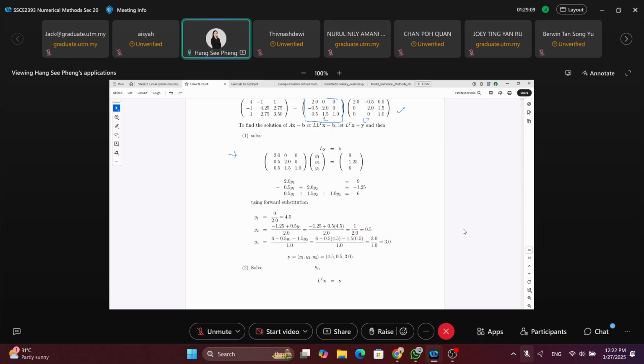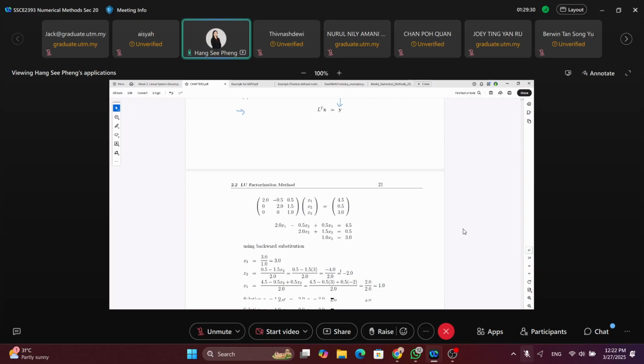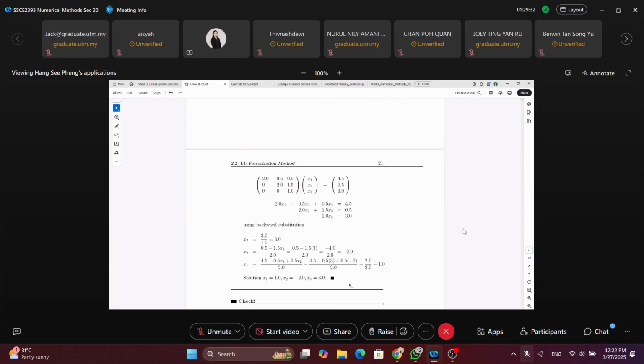After you get the y, then you continue to solve Ux equals y. So for Cholesky, this is LTx equals y. So what is the LT? Okay, put it here: x1, x2, x3 equals y. So you bring this y to the next step and solve it using backward substitution. These are the detailed steps.